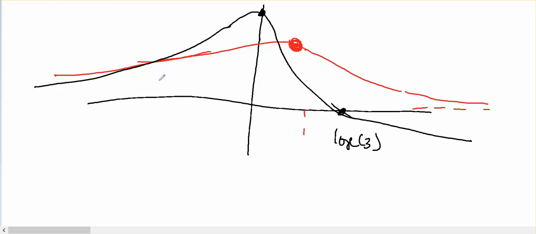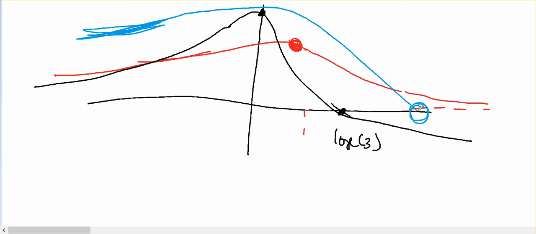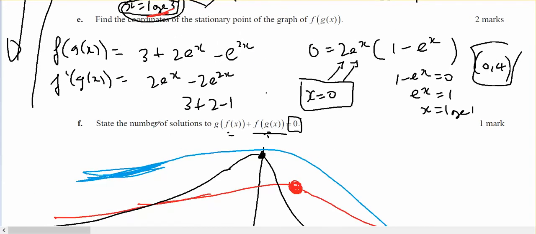So any addition of these two curves has to be up here, and it can never cut the x-axis. There's only going to be one time that the addition of these two things is going to cut through the x-axis, will be only once. So therefore, the number of solutions is 1.